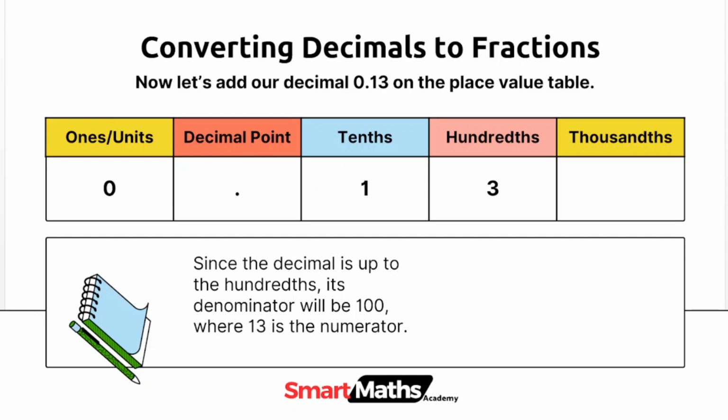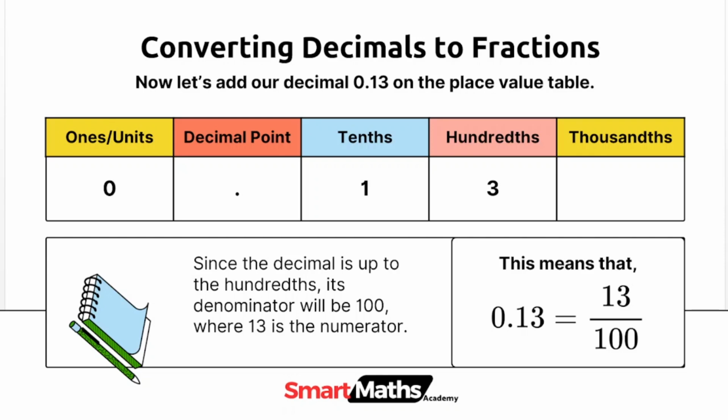Since the decimal is up to the hundredths, its denominator will be what? 100. That's what it means. So where 13 is the numerator. So that means we're saying that 0.13 is 13/100. That is 13 out of 100. I hope this is very clear.